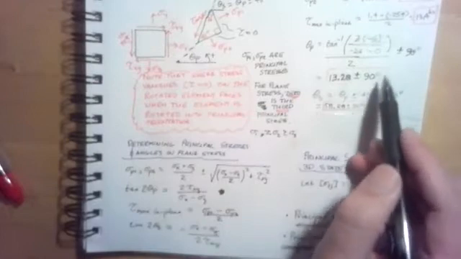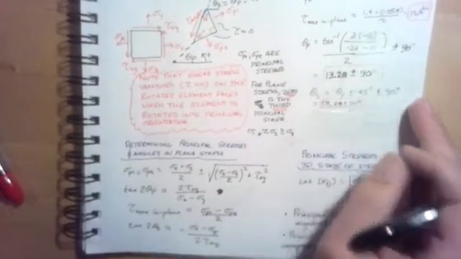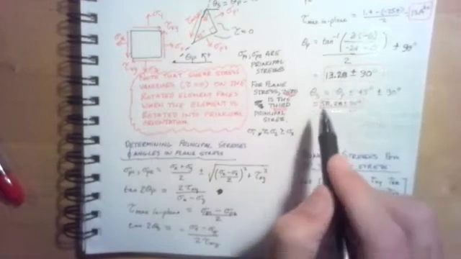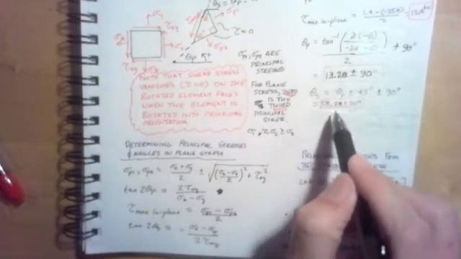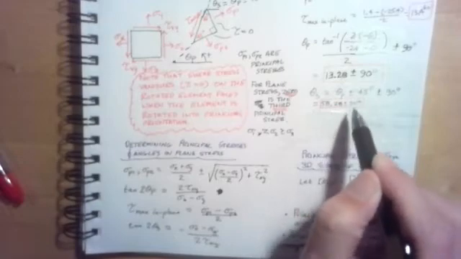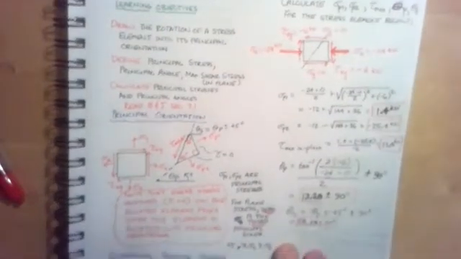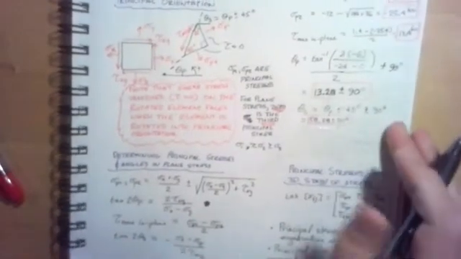I didn't draw that on this element, but we'll see why that's the case when we take a look at Mohr's circle in the next session. So we would have max shear at 58.28 plus or minus 90 degrees. So a max shear failure would come in about like that on the element. So a max shear failure about through there. We will examine this example a little bit more in the next video.